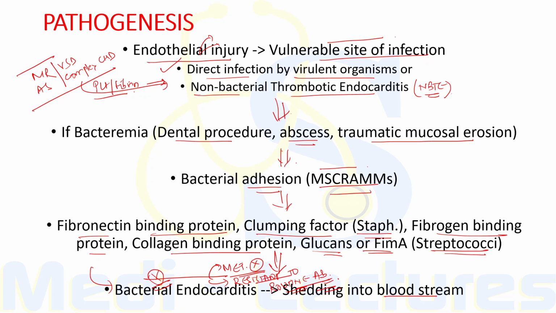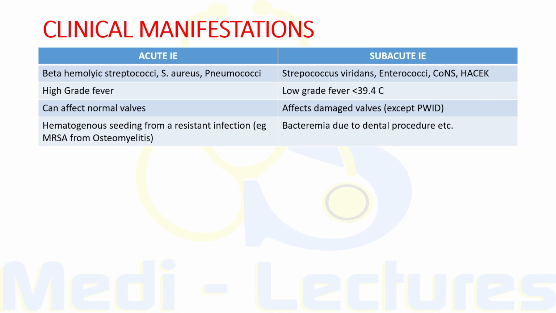Now, after we have discussed the pathogenesis, let's move on to the clinical manifestations of endocarditis. So first let's differentiate the clinical manifestations of acute from subacute infective endocarditis. So acute usually occurs due to infection by beta hemolytic streptococcus, Staphylococcus aureus and pneumococcus, while subacute is due to infection by Streptococcus viridans, Enterococcus, Coagulase negative Staphylococcus and HACEK group of organisms.